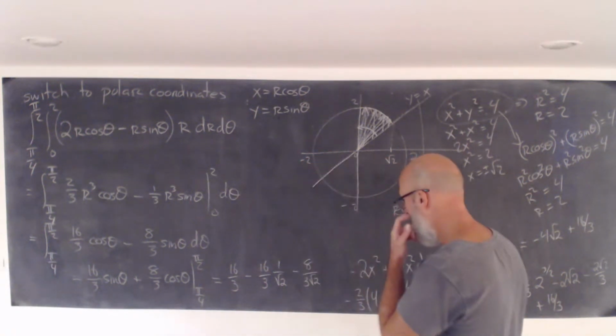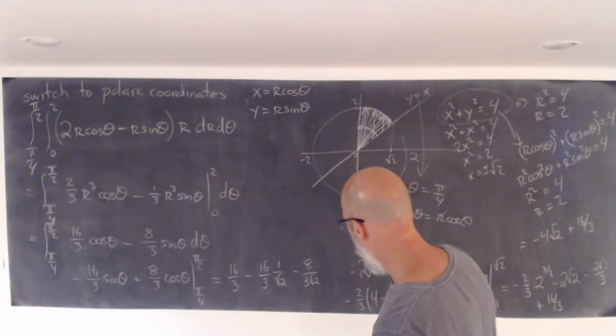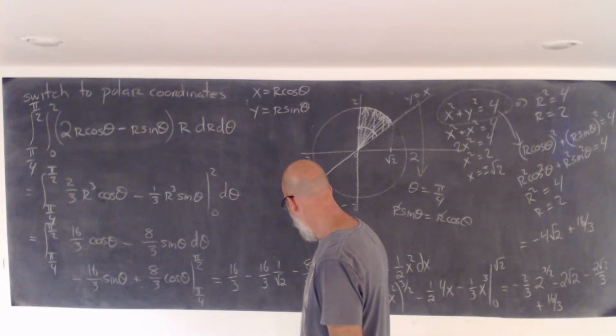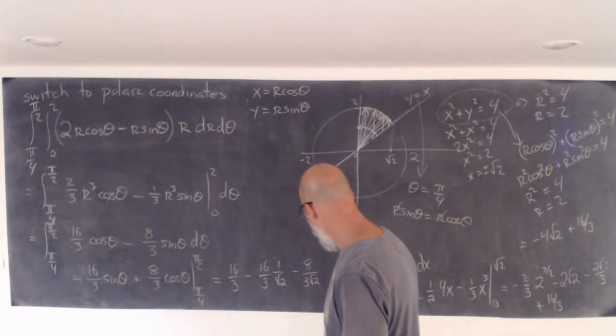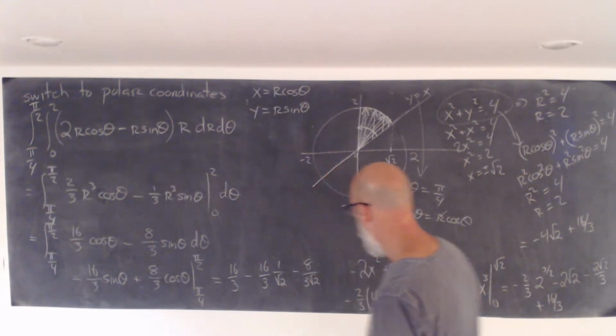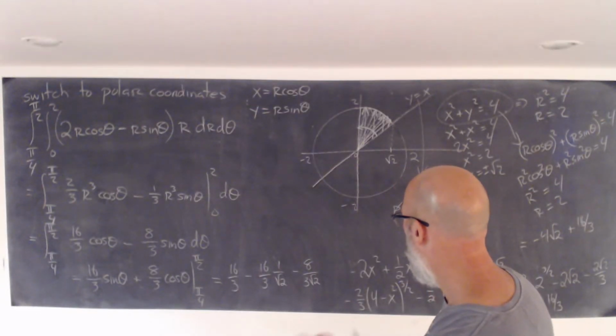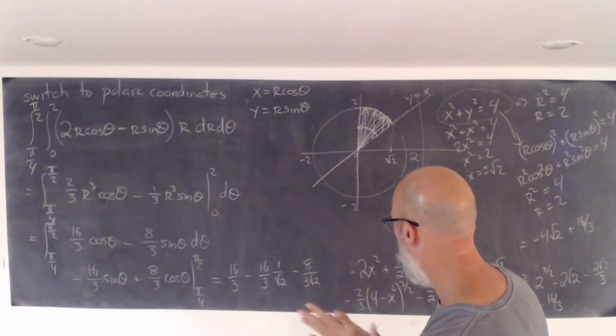So that is 24 over, wait, is it? 24 over 3 root 2.